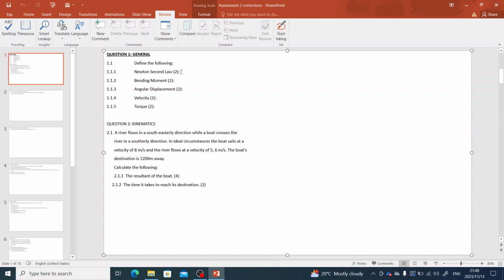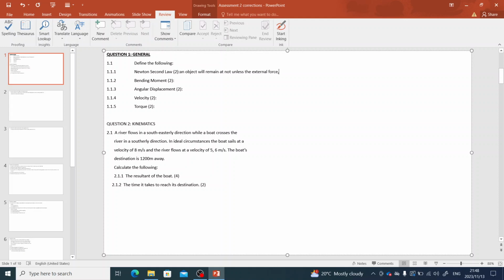Now, Newton's second law simply says, like I said, it is the extension of Newton's first law. An object will remain at rest unless an external force acts on it.